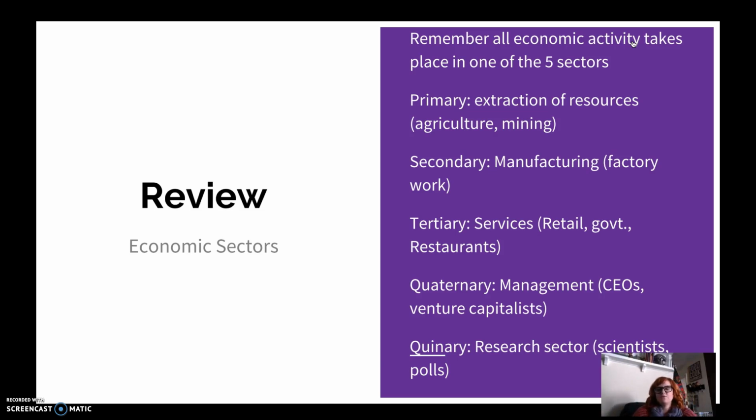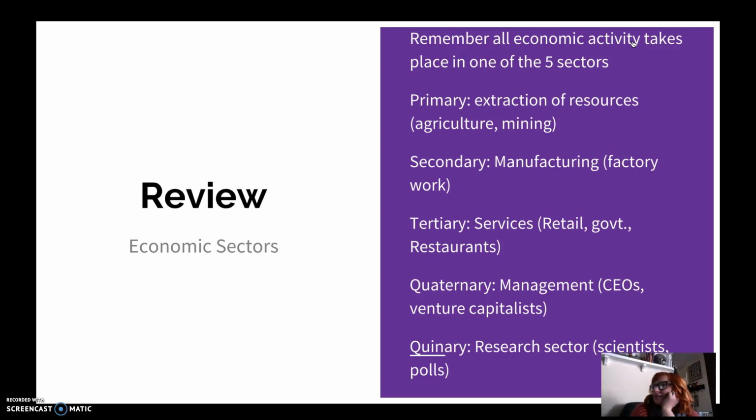Okay, so I know that you guys probably know this really well by now, but just since you haven't talked about it in a while, remember there are five economic sectors: primary, secondary, tertiary, quaternary, and quinary. Primary is the extraction of resources like agriculture and mining. Secondary is manufacturing work.